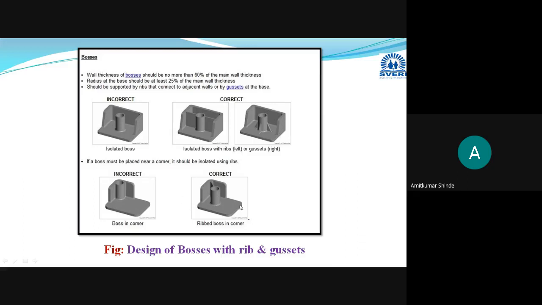Okay, this is the correct diagram. In this diagram, you have to use a rib. One rib should be provided at the corner to increase the strength of that boss. Okay, to increase the strength, to increase the flow of the molten plastic material during the molding process, these ribs and gussets are used.